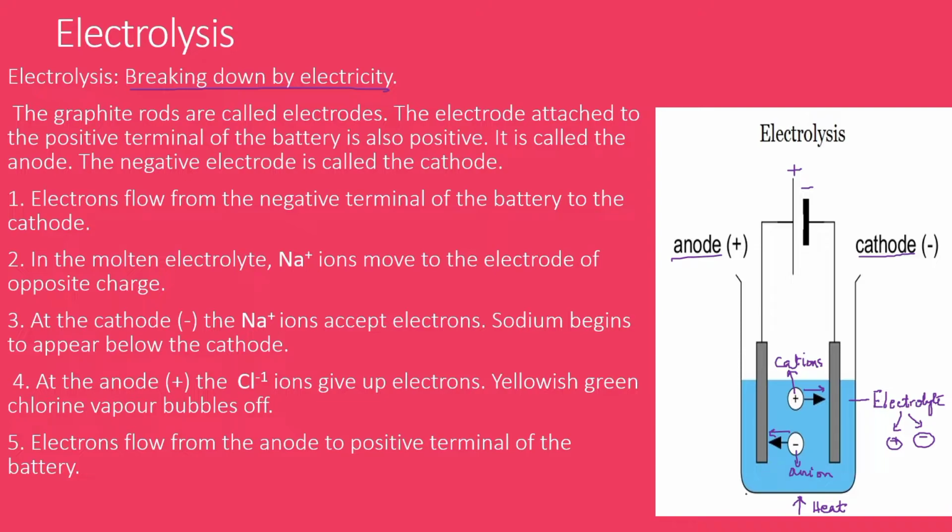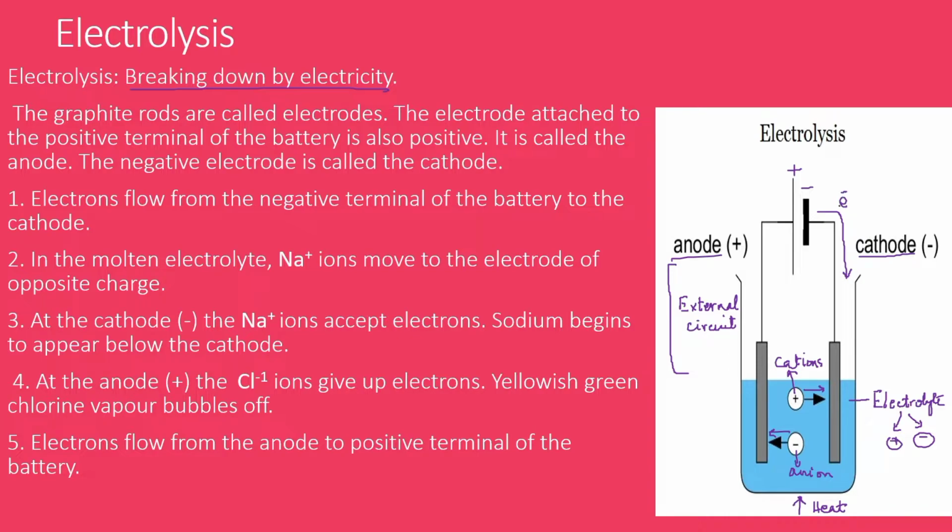Now when the current starts flowing, there are two circuits that are made. The one that consists of wire and the battery is called the external circuit, through which the electrons flow. The electrons always move from the negative terminal of the battery towards the cathode. So this is how the electrons move.